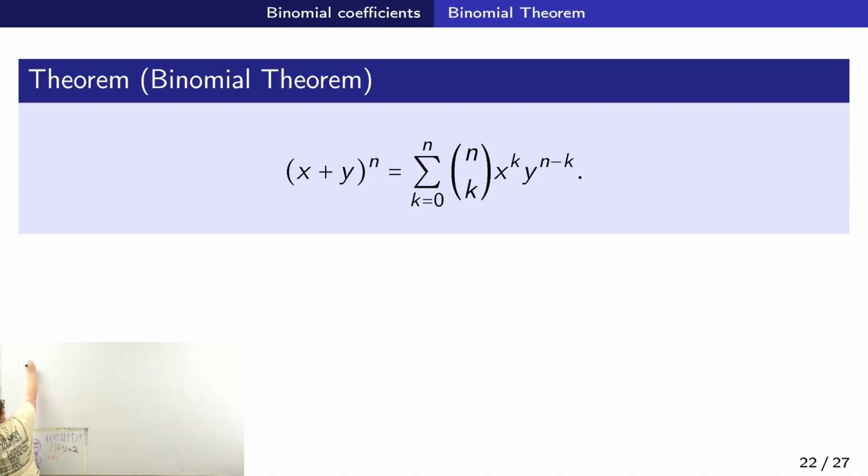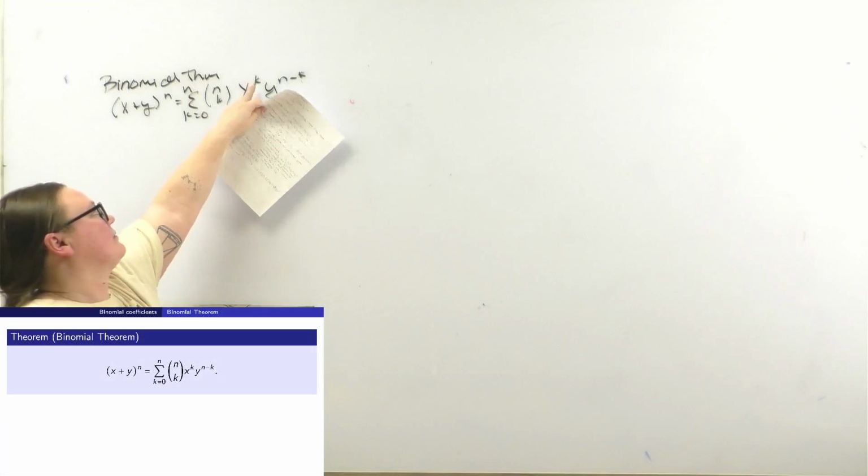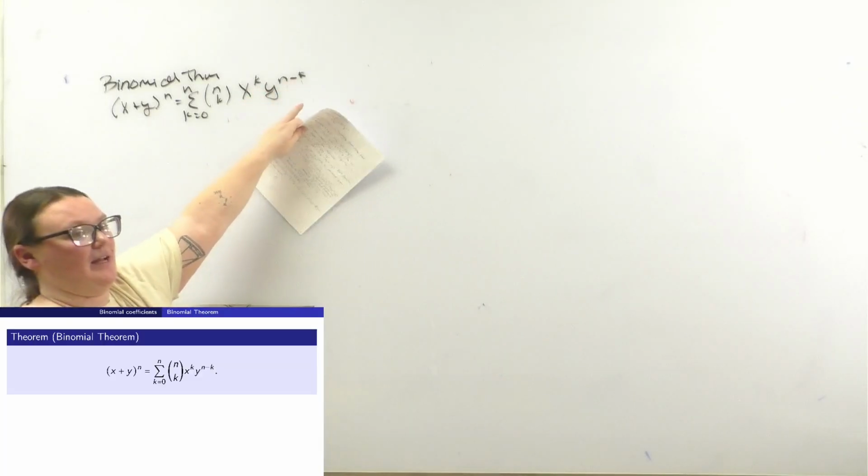Okay, binomial theorem. That's a sum. So we have this binomial, x plus y to the power of n, and it turns out that's equal to n choose k, and we're summing over k, x to the power of k, y to the n minus k.